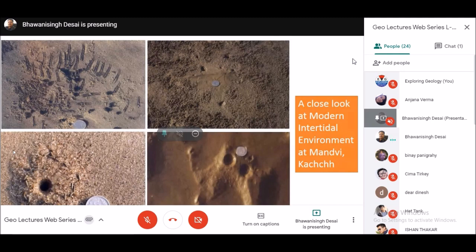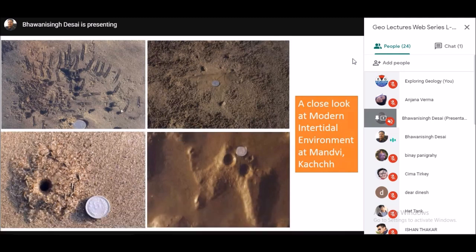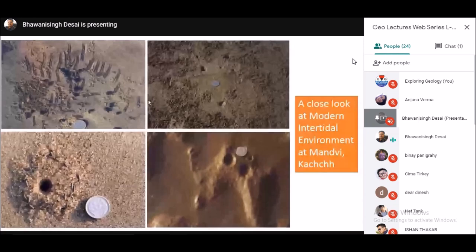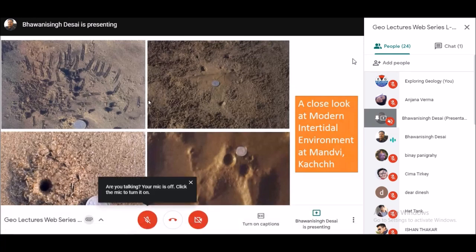And they are selectively removing certain things. For example, if a wave comes and deposits a sediment layer, it will also have organic matter. But with this kind of bioturbation, they are removing that organic matter.